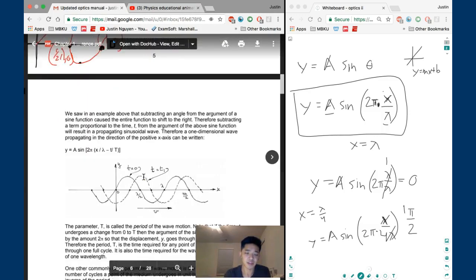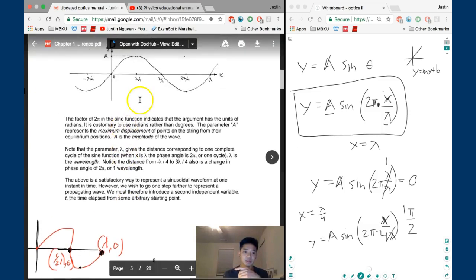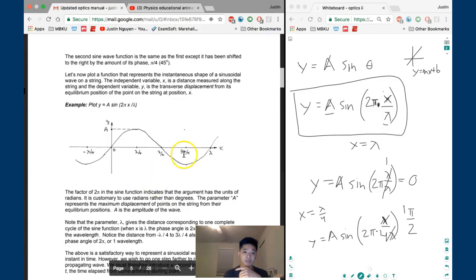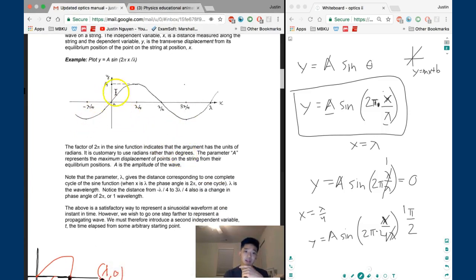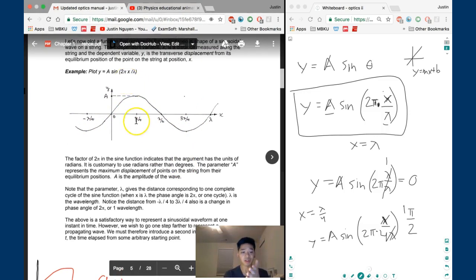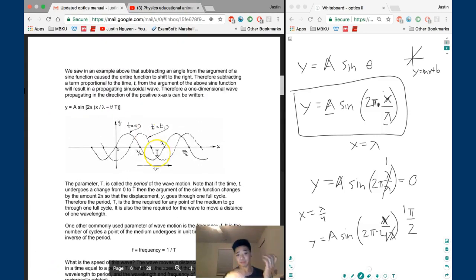So an analogy for this is that you can think of a sine wave moving or propagating by time or by distance. This is just one sine wave at one instantaneous point in time. This is saying you're using a sine wave and moving it based on time.